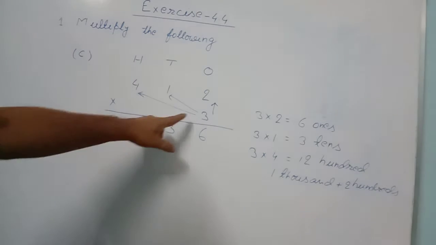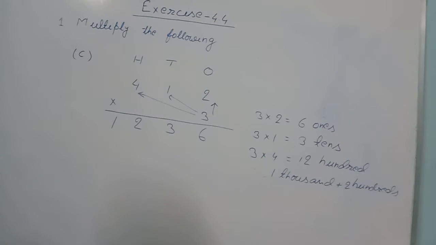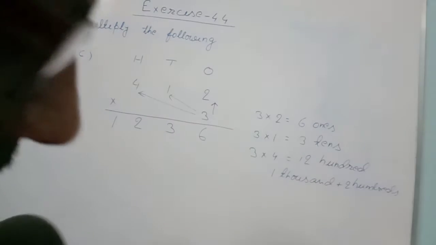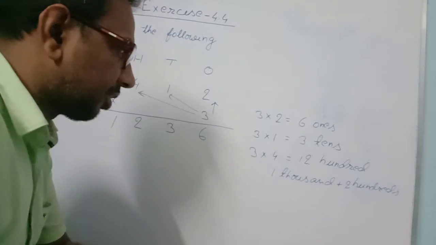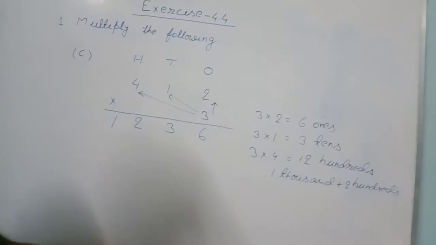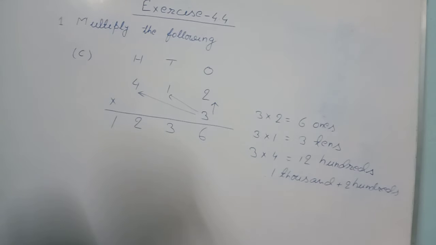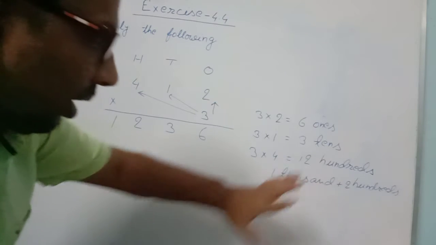Now 3 into 4, this 4 is at 100's place, 3 4s are 12, 12 hundreds. In this 12 hundreds, this 1 will come at thousands place, when you write 1200, the 00 will come, and in that you will see 1 will come at thousands place and 2 will come at hundreds place.